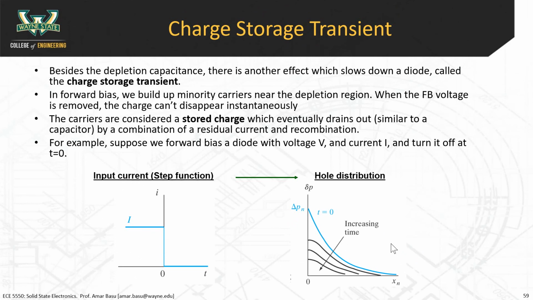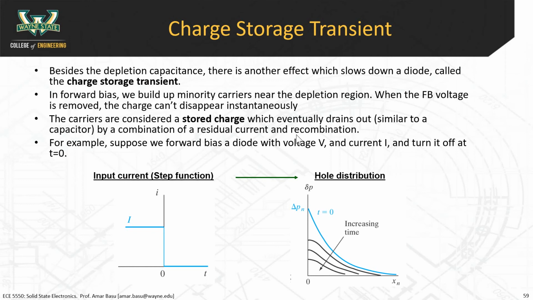Now we talked about the depletion capacitance. There's also something called a charge storage transient. This effect slows down the diode. I mentioned before that the depletion capacitance is intuitive for people who've done circuit design and deal with capacitors, and we know capacitors slow down circuits.